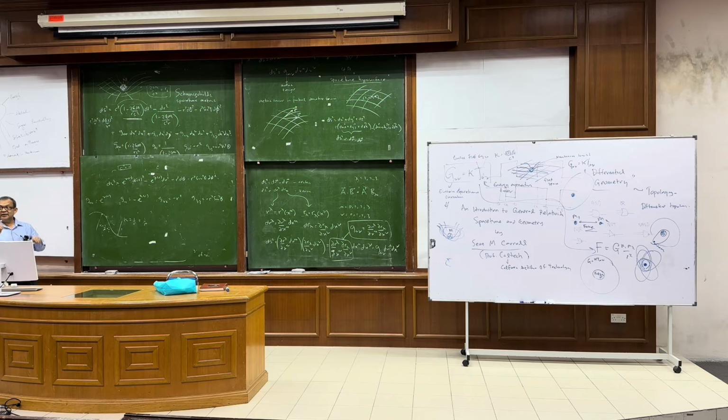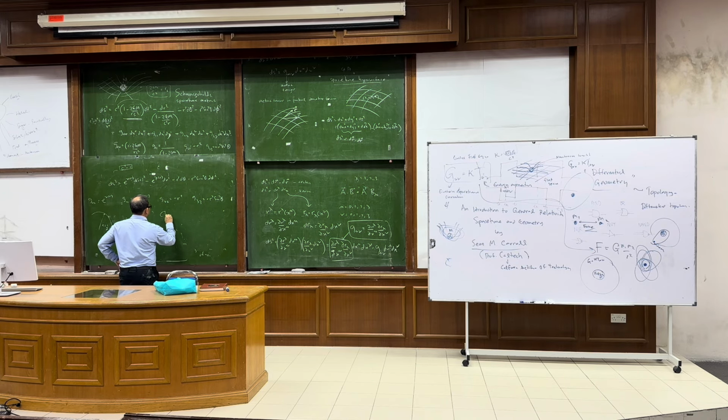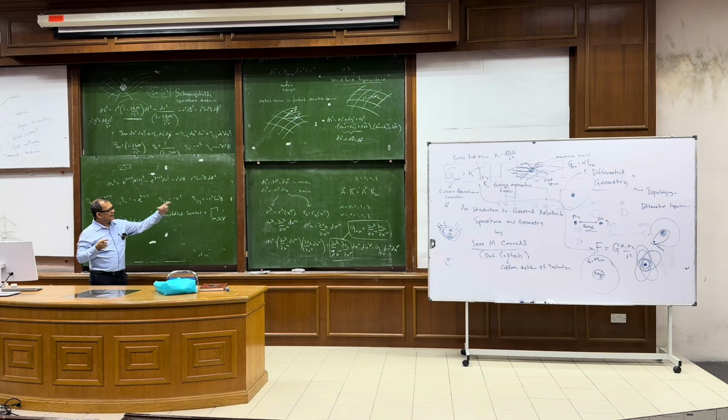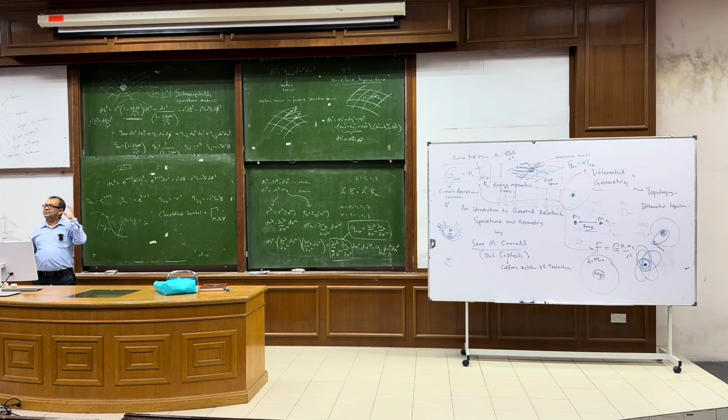Tapi kalau general relativity, space time curvature is dipanggil Christoffel symbol. Mu lambda gamma whatever lah. Tapi dia adalah rank 3 object.